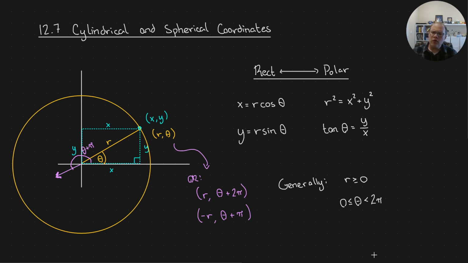Okay, so if we're describing a point, we'll often limit ourselves to these restrictions. Now, sometimes we have to throw those out the window once we start graphing something in polar coordinates, because really the r and theta could be anything. But if we have a choice, we generally restrict ourselves to these bounds. Okay.